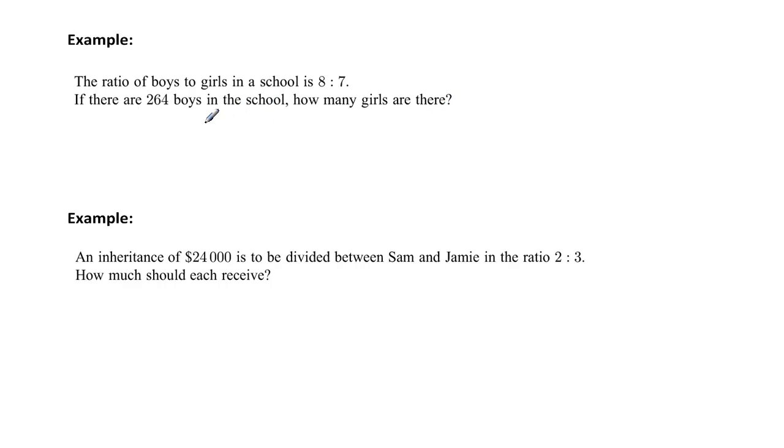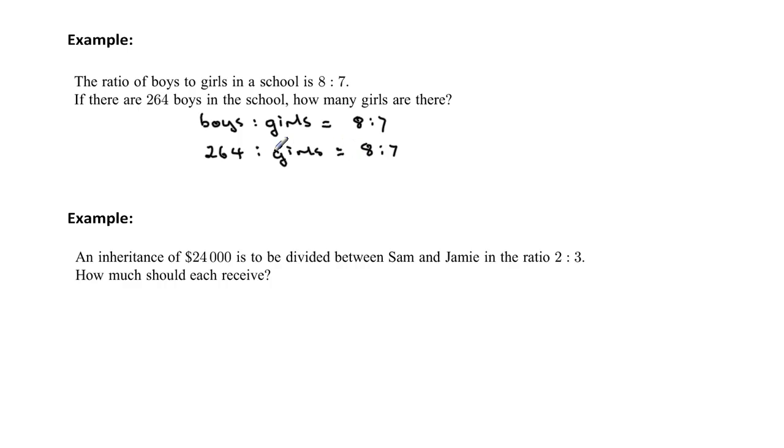So we write down that the boys to girls is equal to 8 to 7. And it means that if we write number of boys in this case, it's going to be at the top. See, 264 to girls, so we'll write that down. It's got to be equal to 8 to 7.